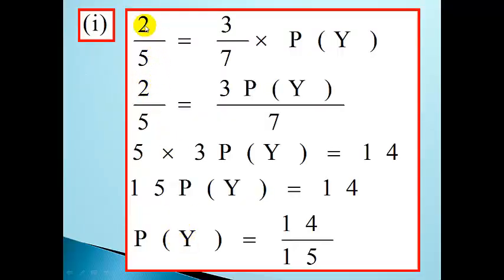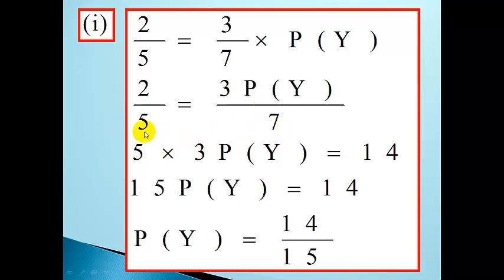Now 3/7 times probability of Y will be equal to 3 probability of Y divided by 7. So 2/5 is equal to 3 probability of Y divided by 7.